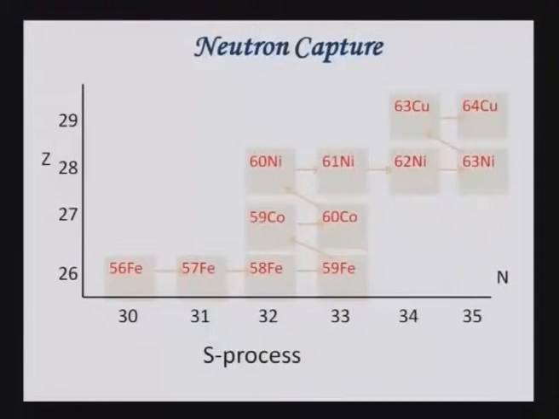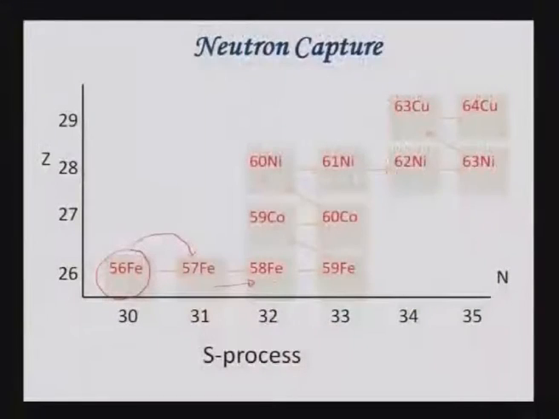So, look at your screen. Suppose we start with this iron-56 and a neutron just sneaks into it. If that happens, it will make iron-57. Iron-57 is a stable nucleus, it will stay there, and then after many years another neutron comes, and that also goes into this iron-57, and then it will go to iron-58. The iron-58 nucleus is also stable and will stay there.